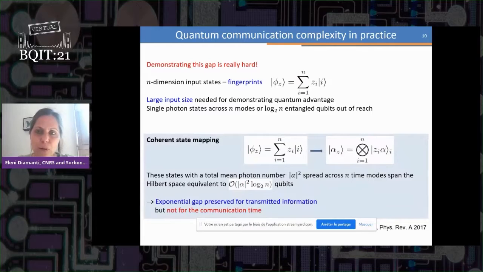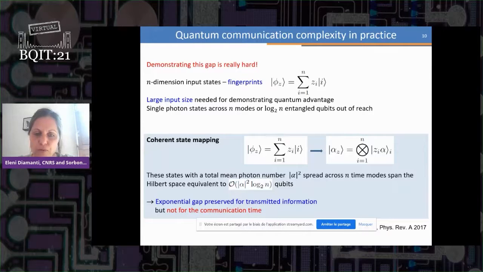So what we did to approach this issue is that we used a coherent state mapping that was proposed recently, where these fingerprint states are mapped to a time series of n time modes. We have a total mean photon number of alpha squared spread across n time modes. So we have a string of coherent states, and this can be rigorously shown to span a Hilbert space equivalent to the one that we need for our protocol demonstration.